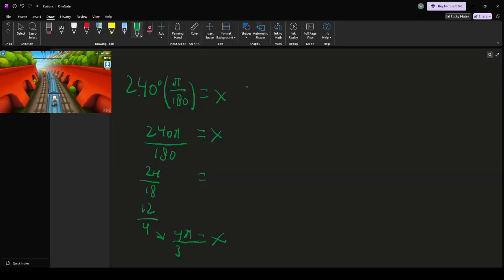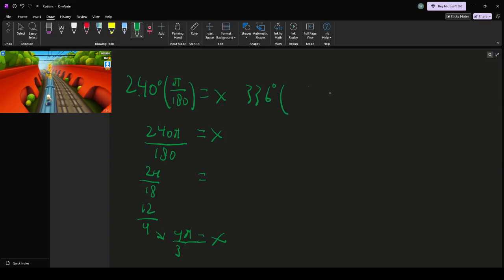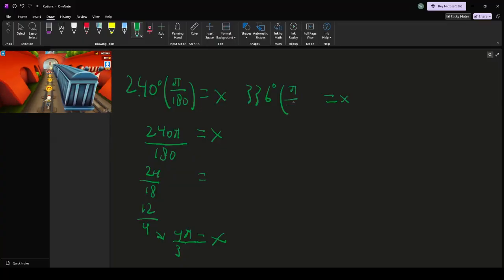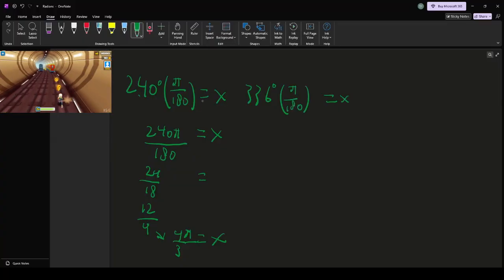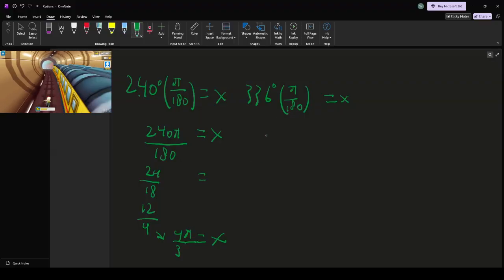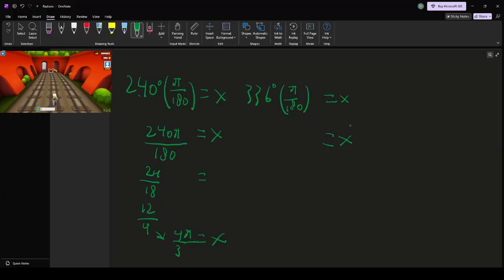Okay, let's try another one. 336 degrees equals x radians. Convert that to radians, right? Pi over 180. Doesn't really matter if you write the degrees or not. You know, this ain't physics. You don't really need the units unless you're doing a word problem, apparently.